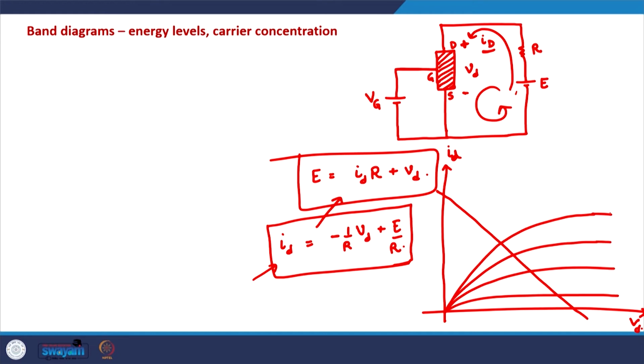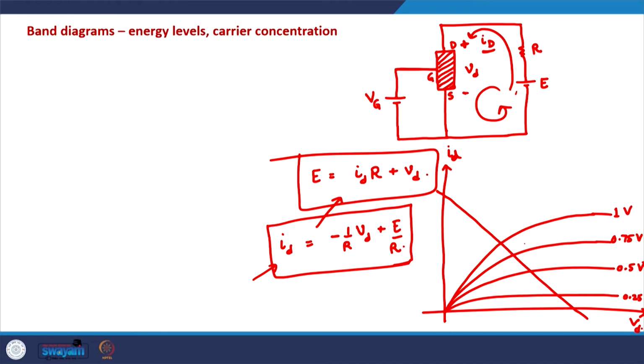Let us have a basic idea. Let us say these are at various Vg values. Here it is 0.25, let us say 0, here it is 0.5 volts, 0.75 volts here and 1 volt here.